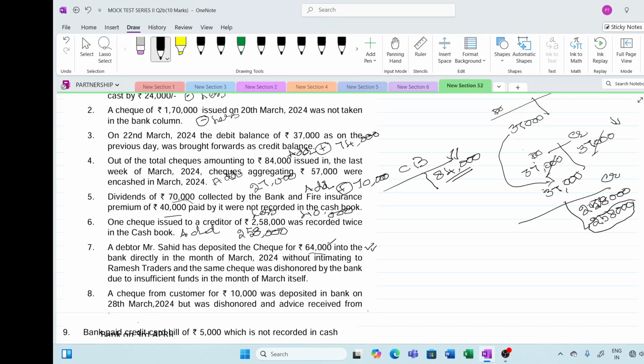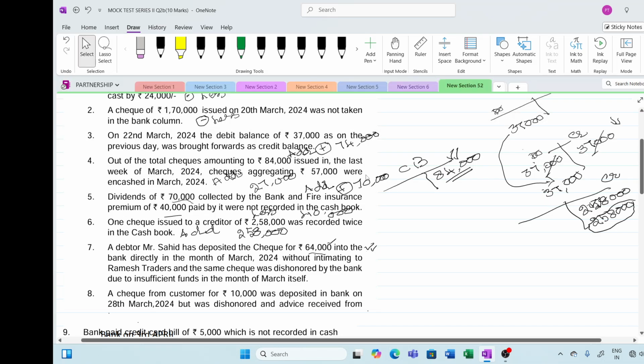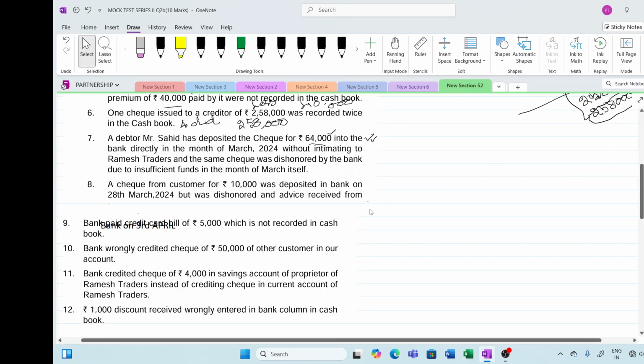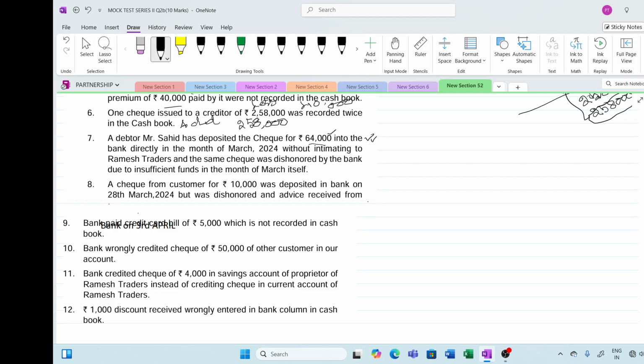Okay, next one is a check from a customer. 10,000 was deposited in bank but was dishonored. That advice was received on 3rd April. So what happened? For the dishonor, the advice came on 3rd April.